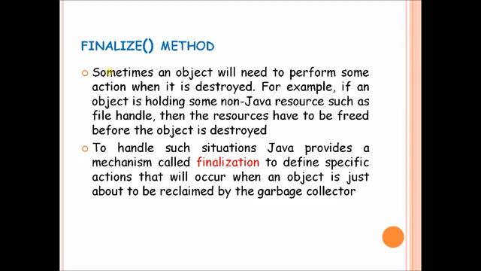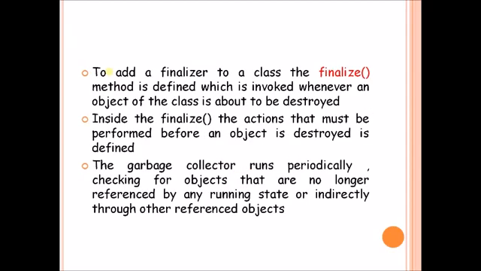To handle such situations, Java provides a mechanism called finalization to define specific actions that will occur when an object is just about to be reclaimed by the garbage collector. To add a finalizer to a class, the finalize method is defined, which is invoked whenever an object of the class is about to be destroyed. Inside the finalize method, the actions that must be performed before an object is destroyed is defined.